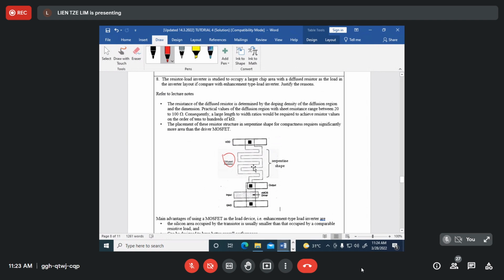This large area is occupied when it is compared with the enhancement type load inverter. So this should be the explanation, based on the comparison.